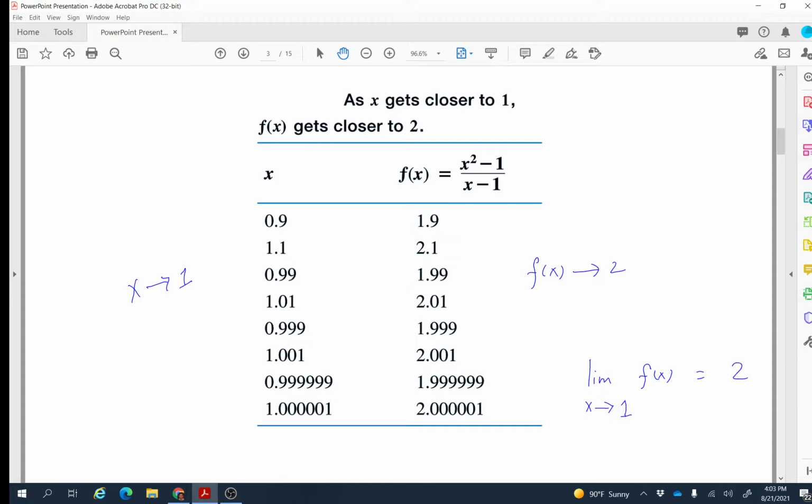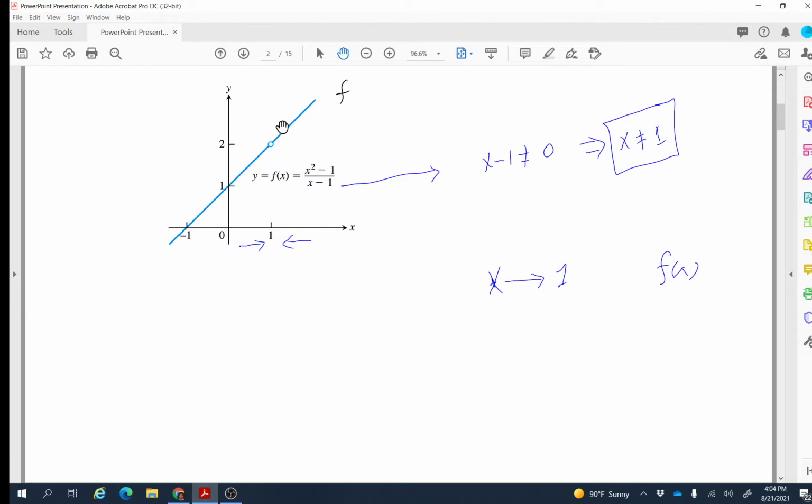This is called the limit of a function. Okay, so what is the limit of a function? Sometimes we have a function which is not defined at some specific point, still we can approximate the value of that function close to that point. That approximation is called the limit of a function.